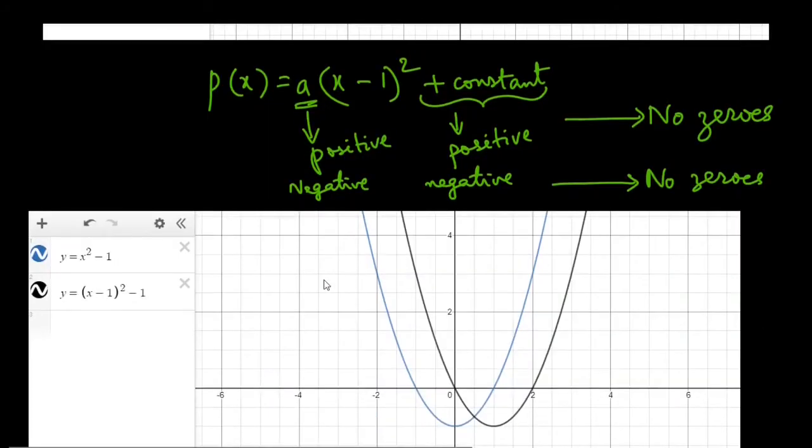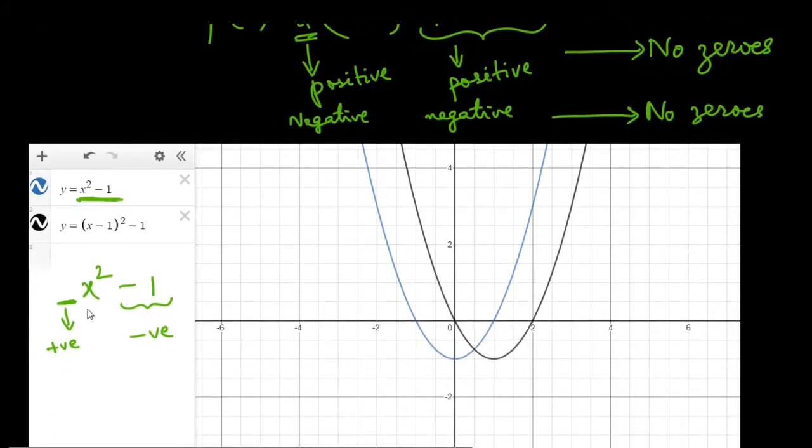See here another graph. The polynomial here is x square minus 1, a complete square, x square minus 1. Here a is positive 1. Here we have a positive value and here we have a negative value. A complete square is here.